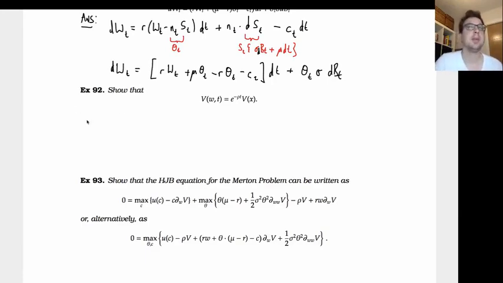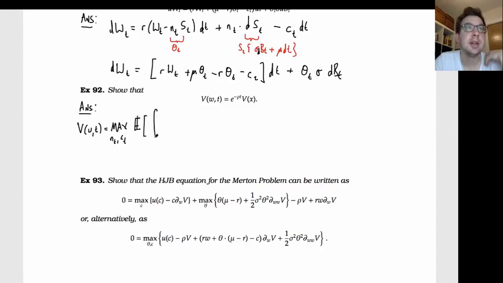Right, so let's look at the answer for this part. If I look at v of w of t, what is it equal to? Well, it's a maximum over n of t and c of t of the expected value of this integral.